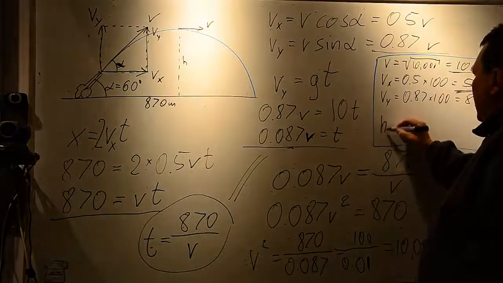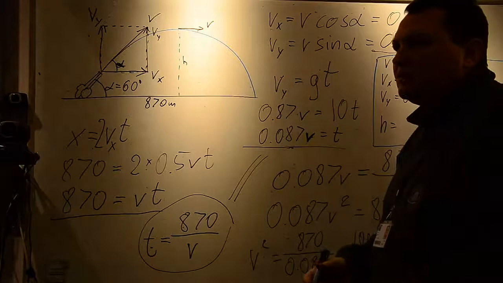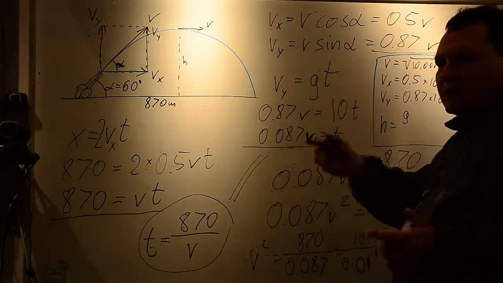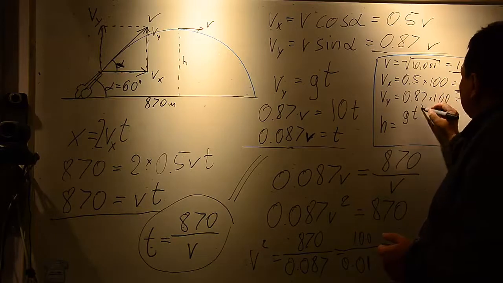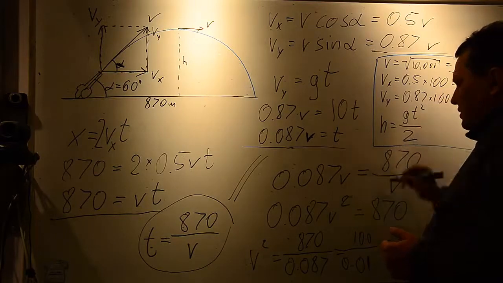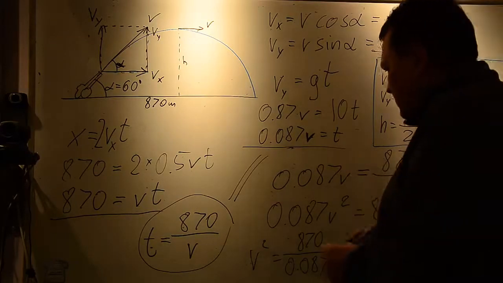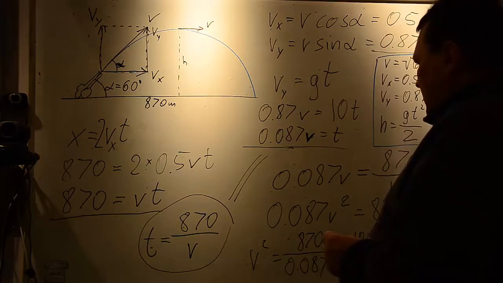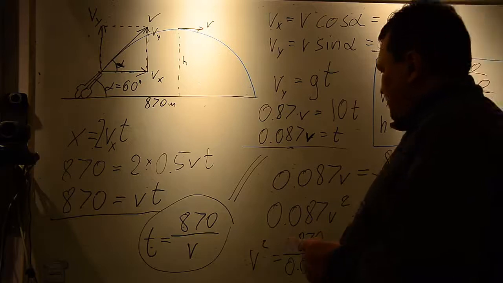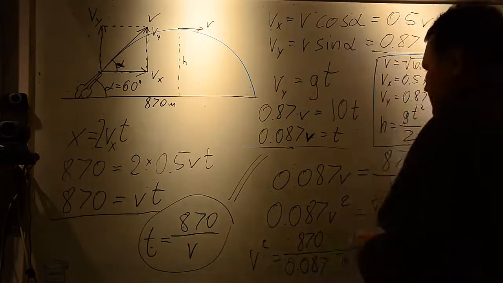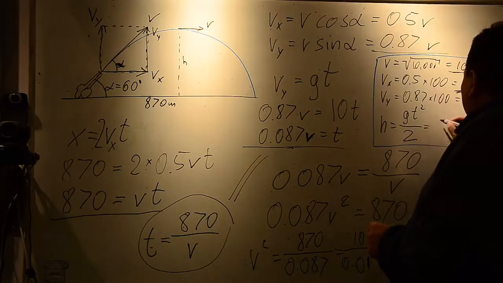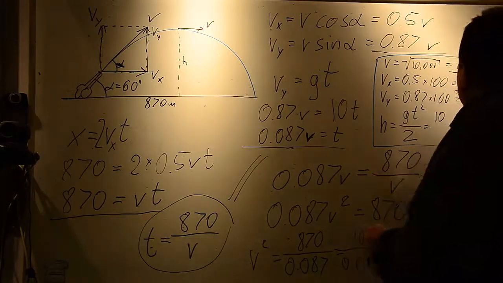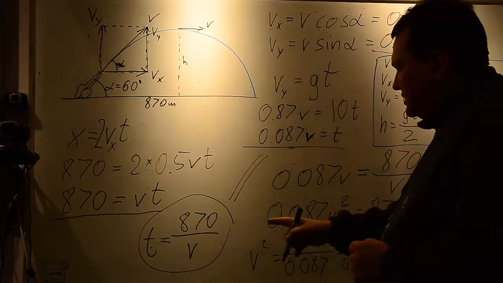So h, according to a widely known formula, is gt squared over 2, because g is our acceleration. Oops, we don't know t, but t can be taken from this formula. So g is 10, okay, times t squared.